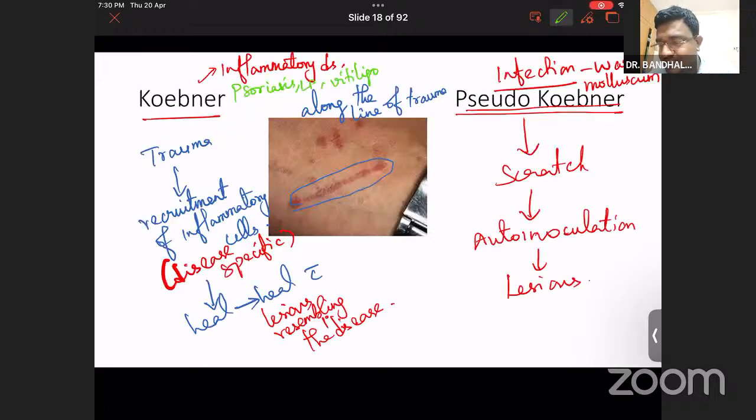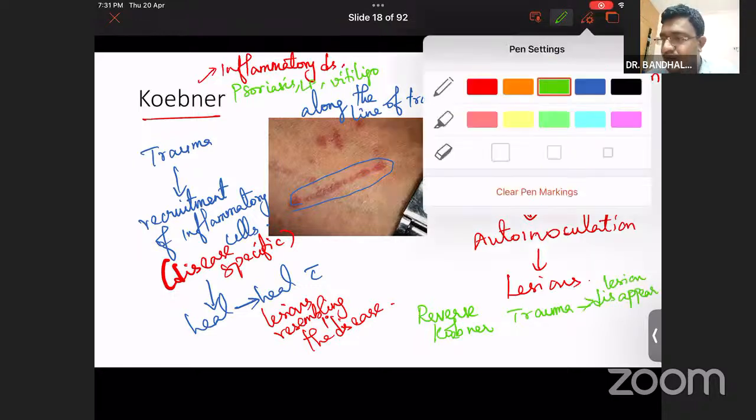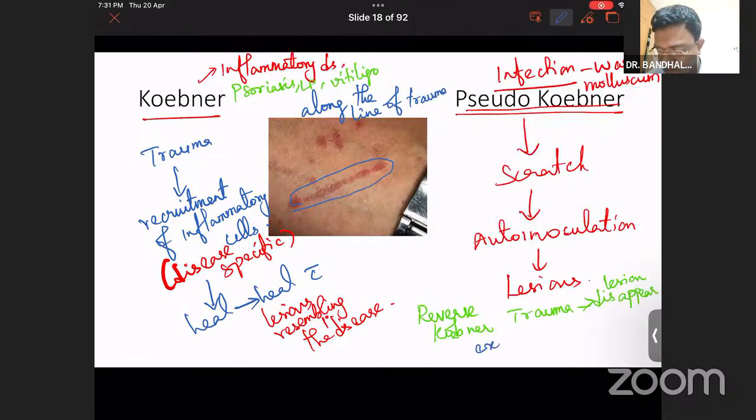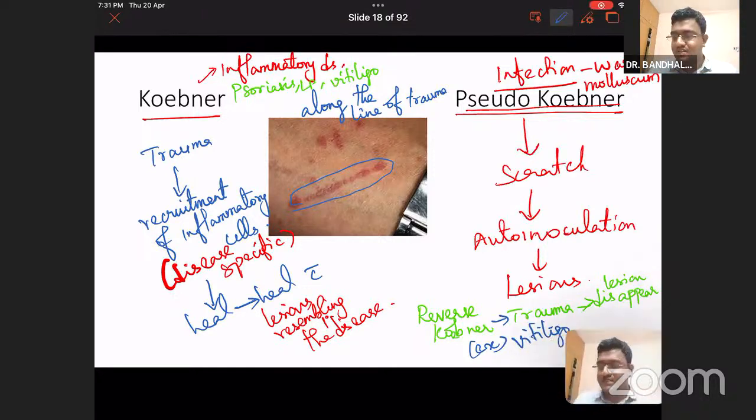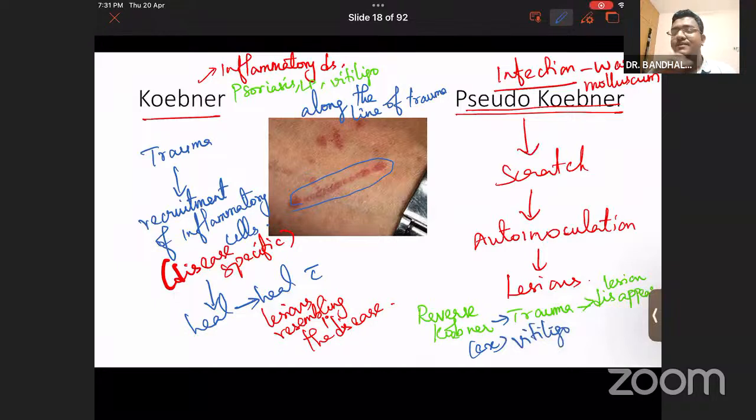Another interesting thing we should know is reverse Koebner. Whenever there is trauma, disappearance of lesions. Lesions disappear. An example is vitiligo. Whenever we scrape the lesions, whenever we do a dermabrasion, the lesions will disappear.